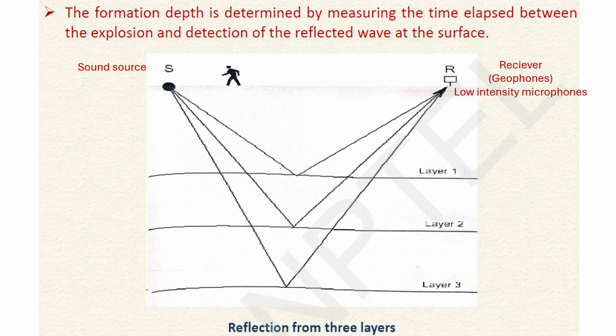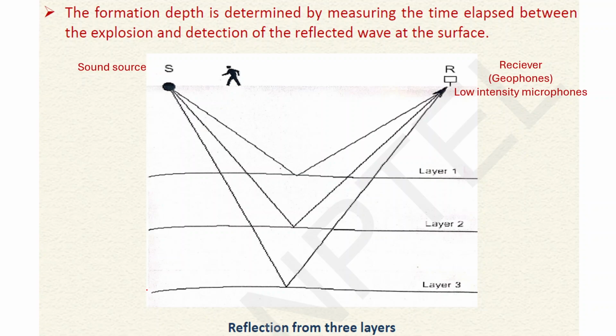So basically, this kind of arrangement is there. The formation depth is determined by measuring the time elapsed between the explosion and the return of the signal. Obviously, there will be a difference in the signal if there is denser rock present, if there is oil present. So the exact location can be determined by the depth.